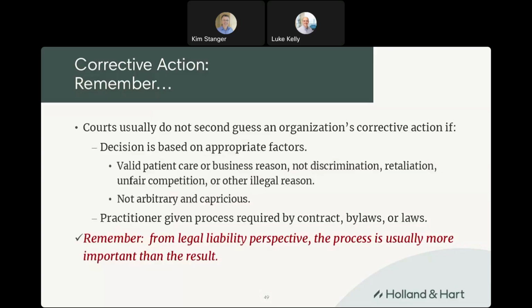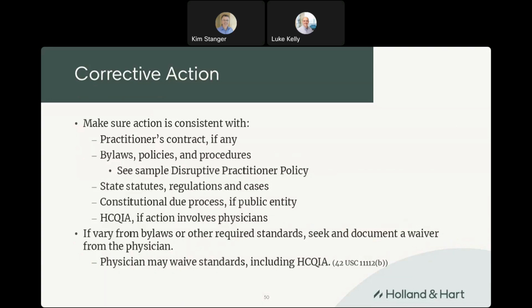Again, from a legal liability perspective, usually the process becomes more important than the actual decision. If a court's going to look at this, they're primarily going to look at whether or not you followed the right process rather than trying to second guess the hospital on the decision.